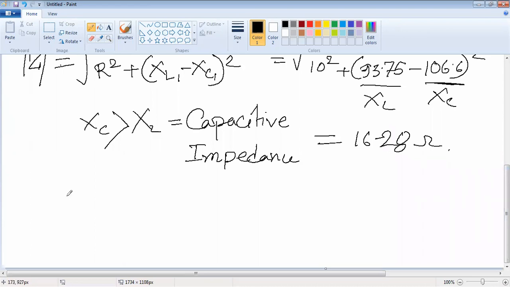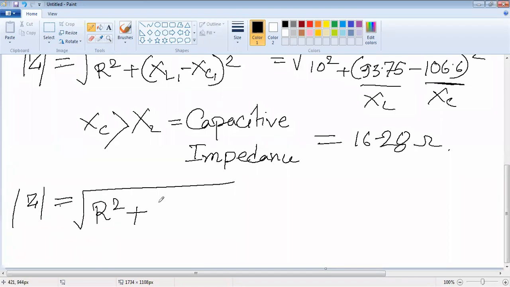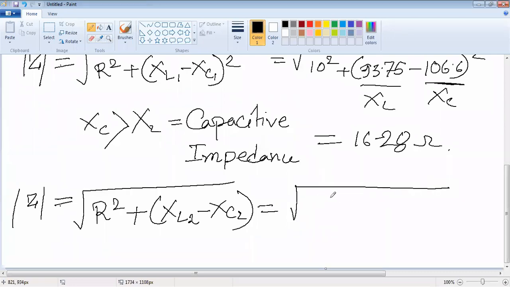And now we have to calculate the impedance at the time of 169.2 hertz, means 10 hertz above. So if you put this value, this is 10 square plus, you can see what is the XL2.